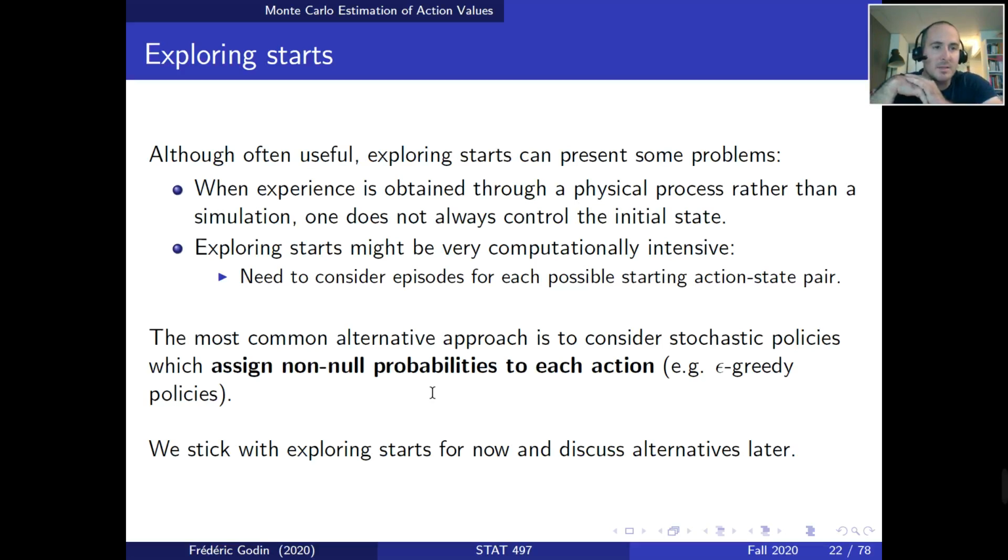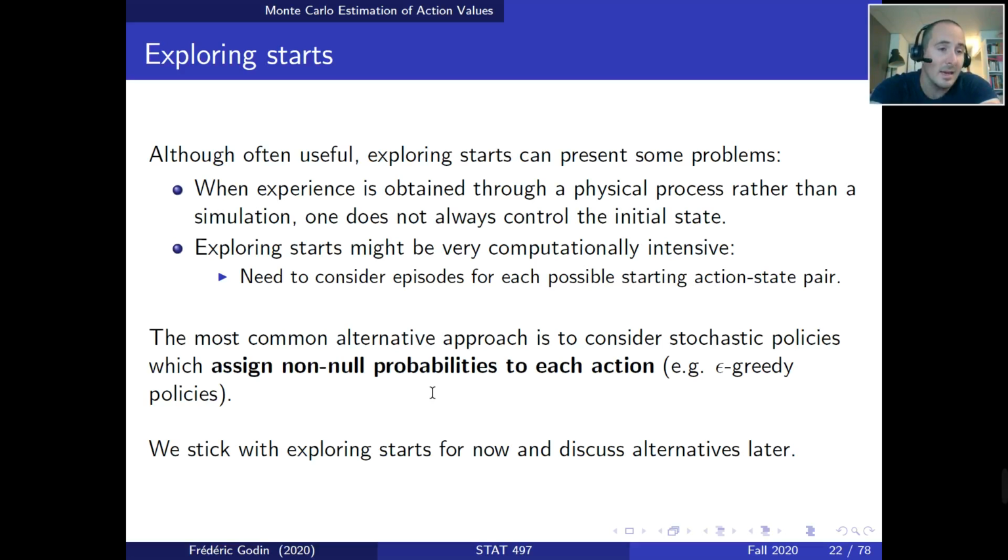However, sometimes the episodes are generated not by computer simulation, but by actually interacting with the real environment. So you really make your robot walk in practice and see what happens. In this case, when you interact with the environment to obtain experience and generate episodes, you might not always be able to control the initial state.